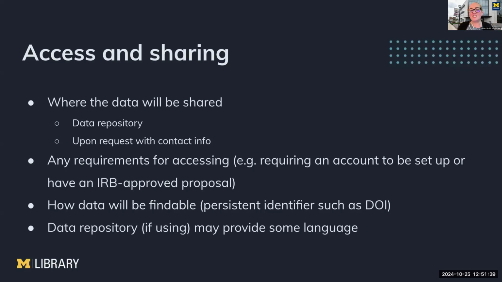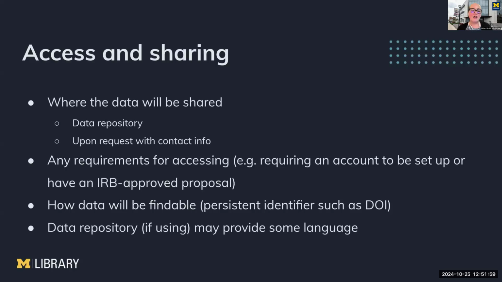You would also indicate in this section if there are any requirements for accessing a repository or the data. For example, a repository might require an account to be set up in order to access or download the data. Or it's possible that in some places you have to have an IRB approved proposal before you can access data.